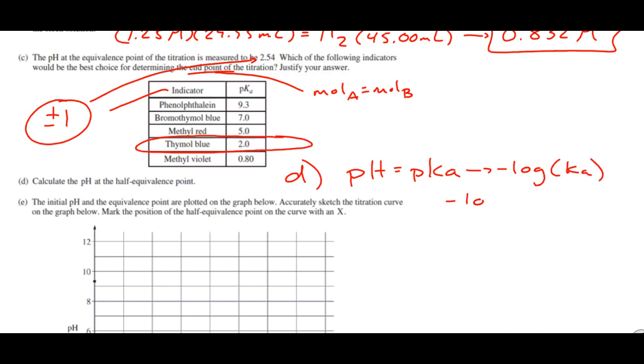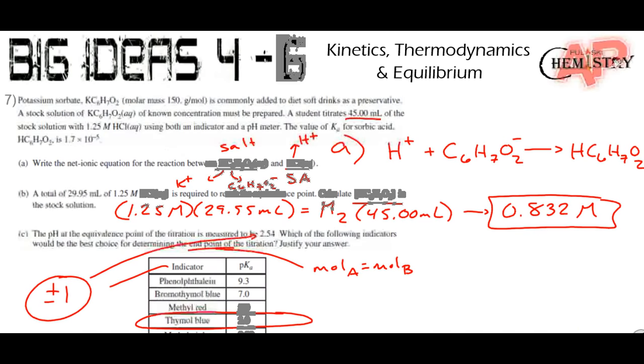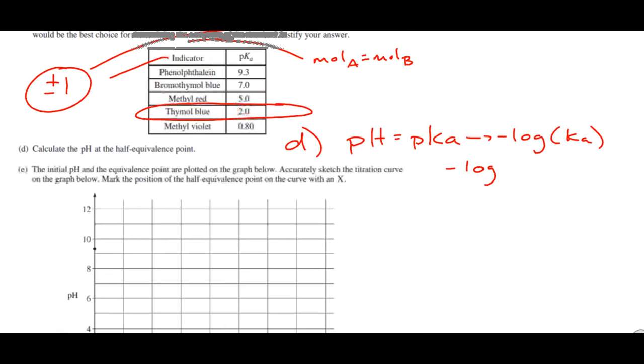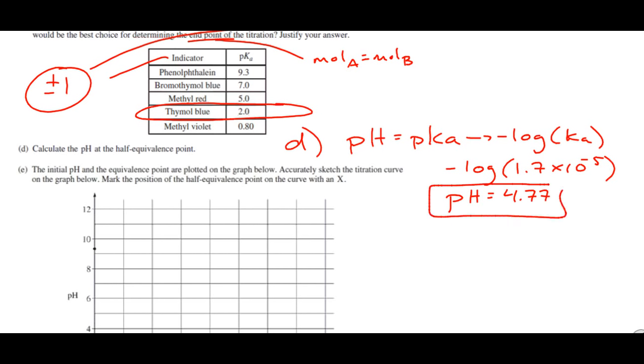It's going to be negative log of my Ka. I go to the top of my problem, and they gave me a Ka of 1.7 times 10 to the negative fifth. The pH would be 4.77.